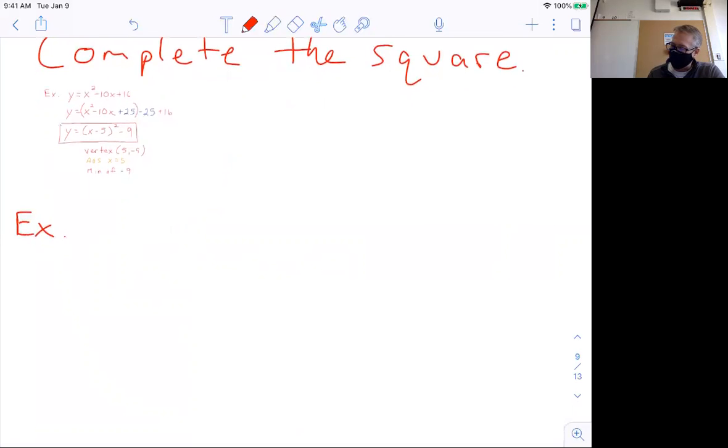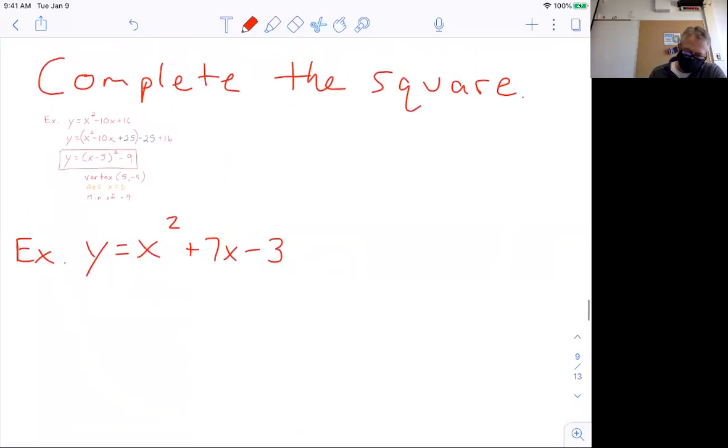We're going to complete the square for this. y equals x squared plus 7x minus 3. All right, this one is harder. It's harder because I threw you a curveball. Remember, we take half of that and square it? That's not a nice number, right? Half of 7 is not an integer.